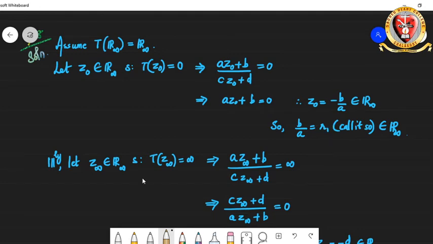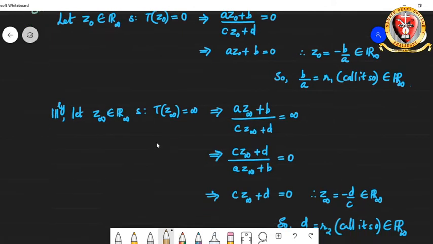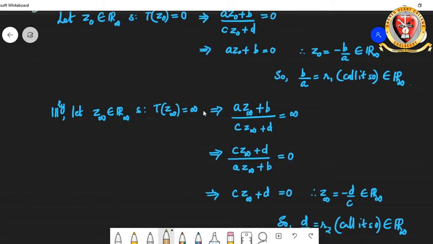Okay. Similarly, we are taking another point Z infinity from R infinity such that T of Z infinity is equal to infinity, and in the same way we are saying A Z infinity plus B divided by C Z infinity plus D is equal to infinity. And we know that if we take the reciprocal of this fraction, we get C Z infinity plus D divided by A Z infinity plus B is equal to 0, right?